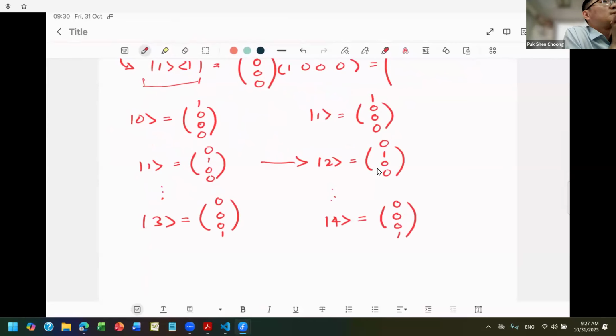So this is X and Y, and your original Fourier transform is given by this.